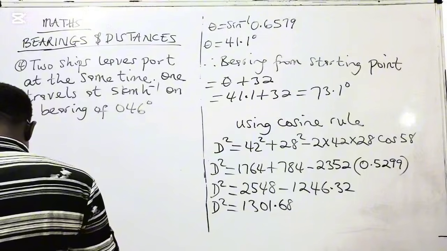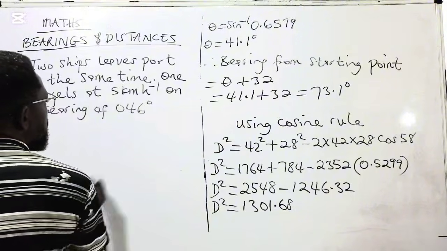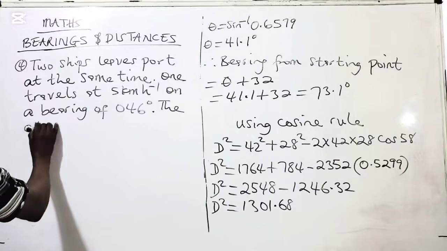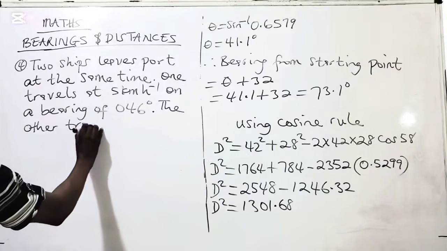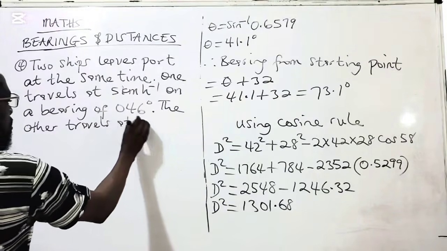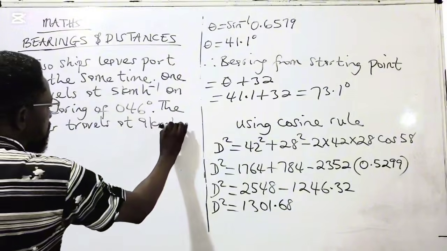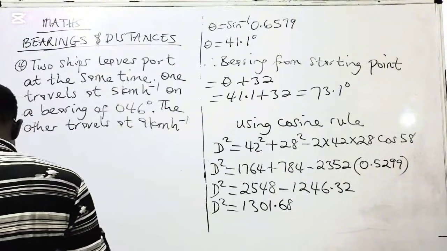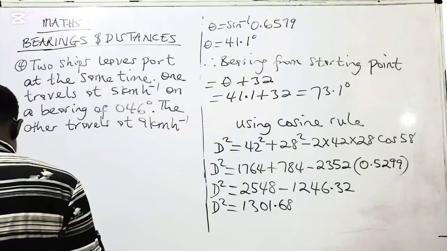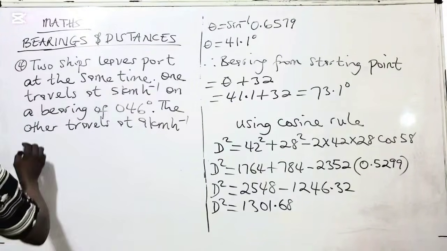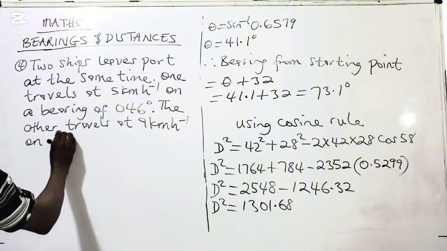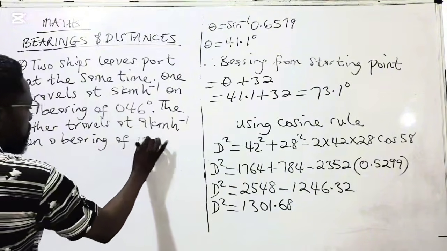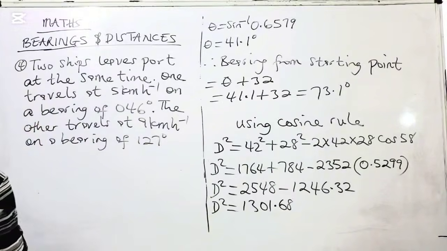The other travels at 9 kilometers per hour on a bearing of 127 degrees.